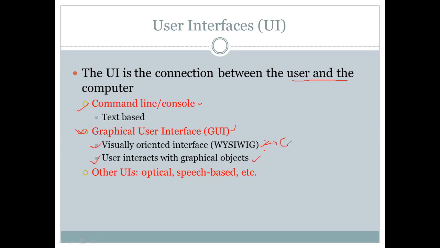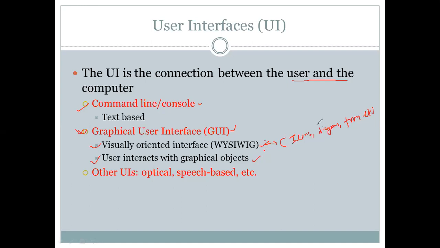So here the user will interact with different graphical objects like icons, you have different icons, or diagrams, we can use different diagrams, or forms, different forms can be used, etc. If these are the modes of interaction with the system or the computer, either clicking any icon, or using some diagrams, or taking input in the form of forms, then these types of interface are called visually oriented interface.